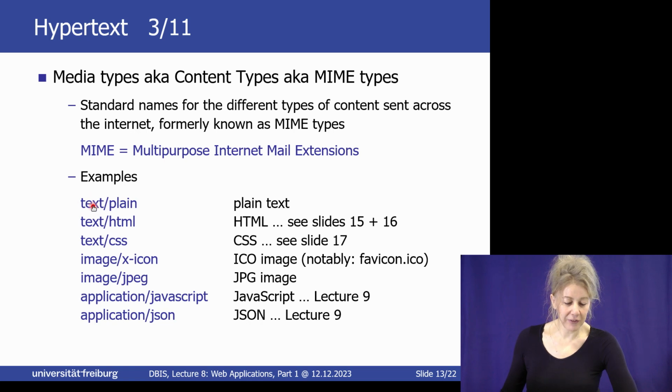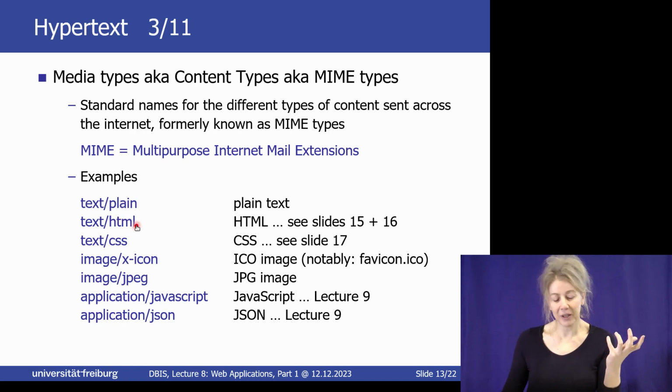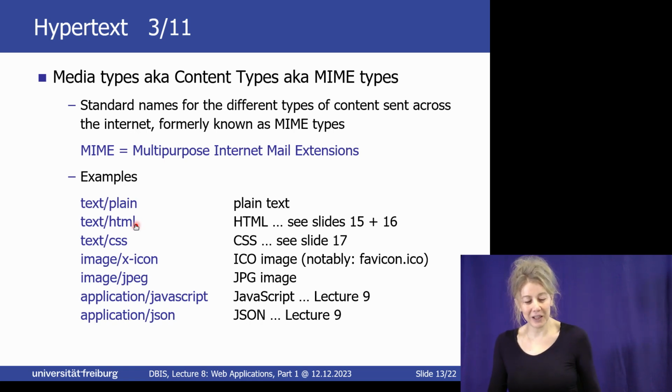So the first part says what is it in principle, and the second part is more specific. So here we have some text format which says this is just text, it's just considered as a string. Plain, this is just text like what I sent so far. HTML, we will see in a second, this is text with a special meaning. For example, program code is text with a special meaning.